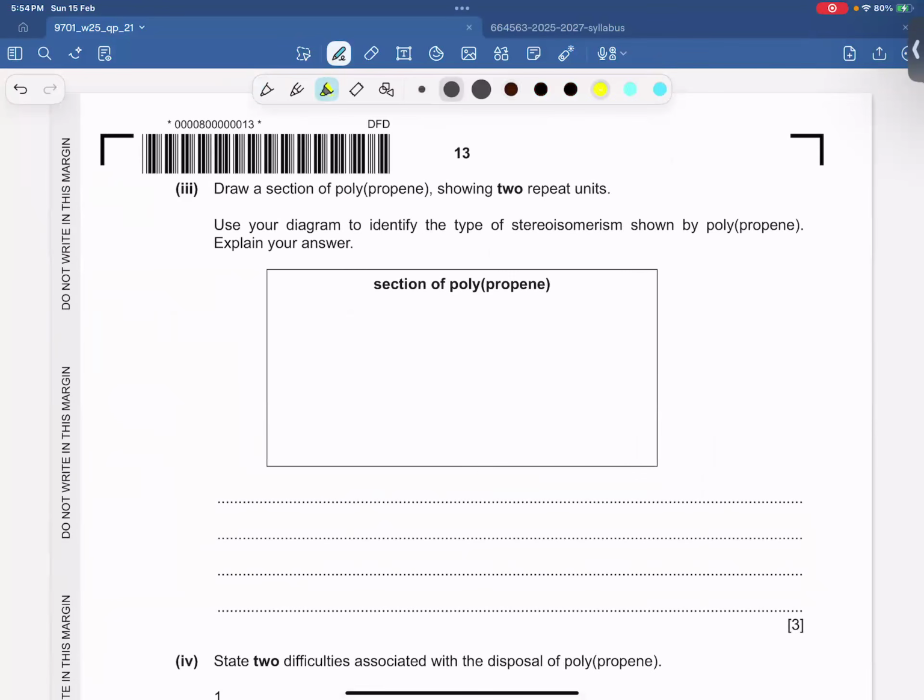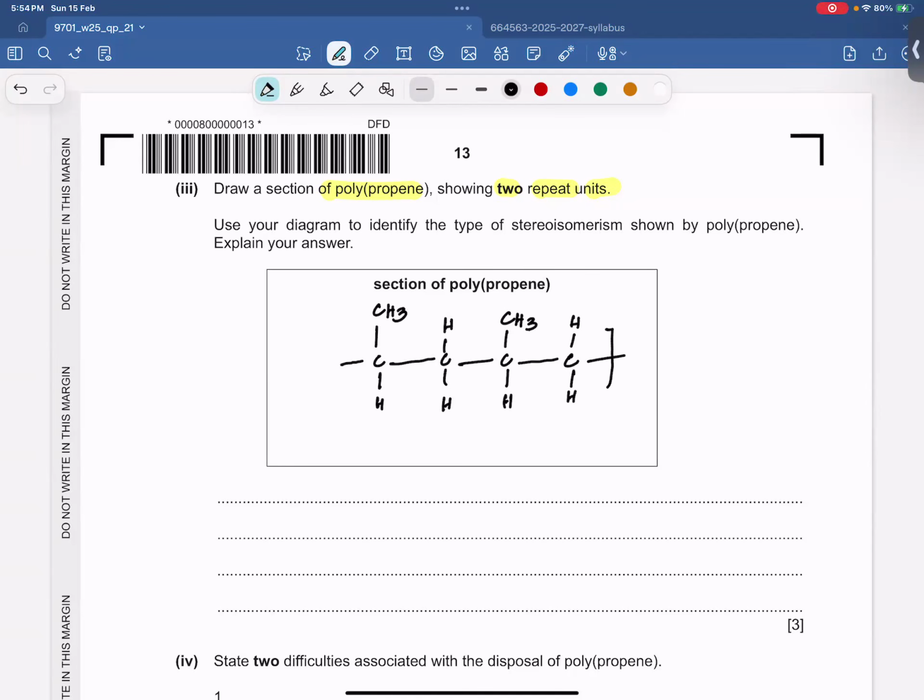Draw a section of polypropene showing two repeating units. That's easy. We have done this in class. Seems like it's a very simple paper. This is the first monomer, and this is the second monomer.